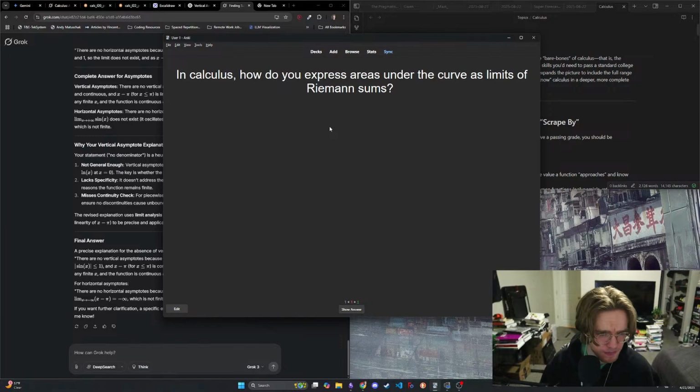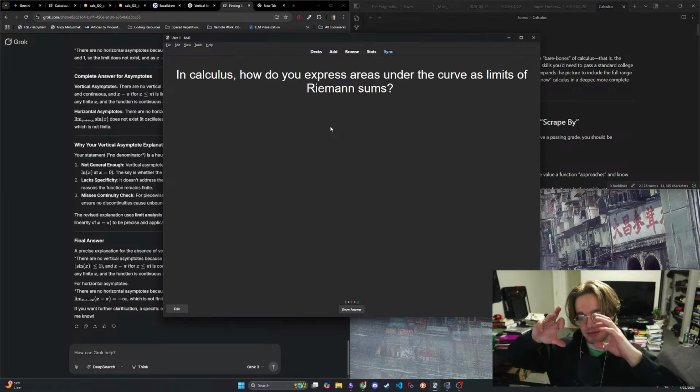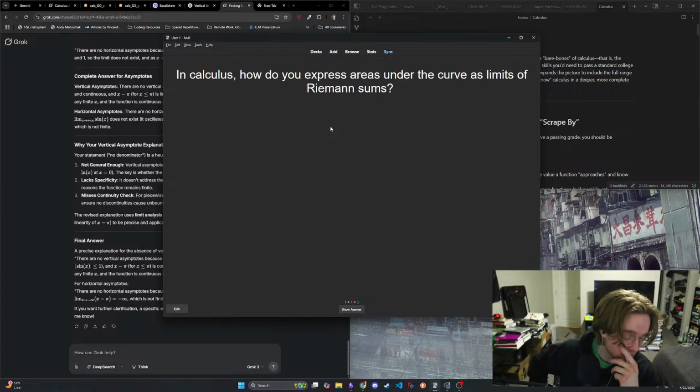Okay, sweet. How do you express areas under the curve as the limits of Riemann sums? A Riemann sum is where you take rectangles to approximate. Say we have 4 rectangles, and we adjust their heights such that it is an approximation of the area under the curve, right?